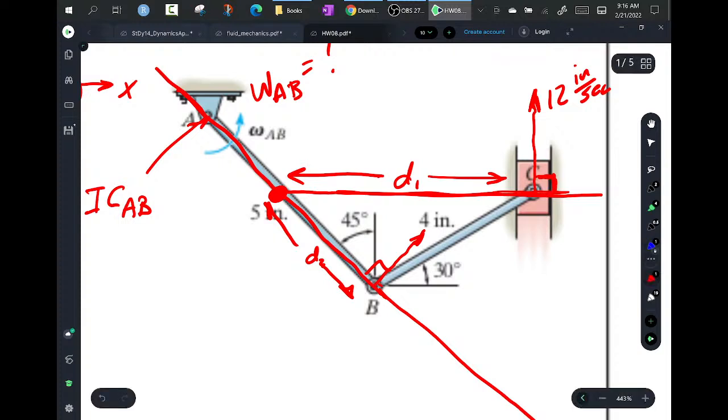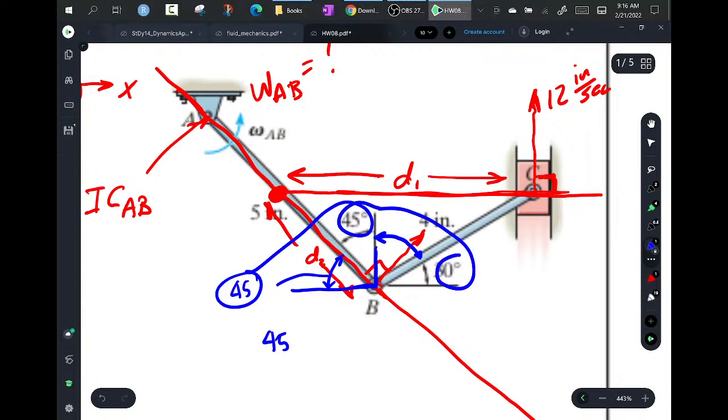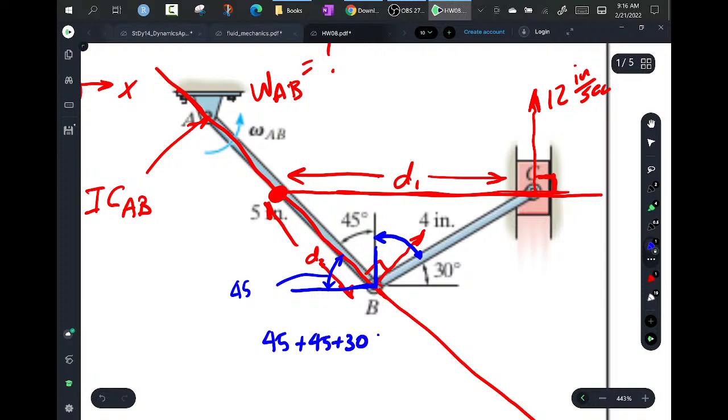If I'm looking for the angle between here and here, I happen to think this one is 45 because this one is perpendicular to that one. So that leaves 45 from this one, 45 from here, and 30 from there, plus 45 plus 30 plus whatever this one is, got to equal 180.